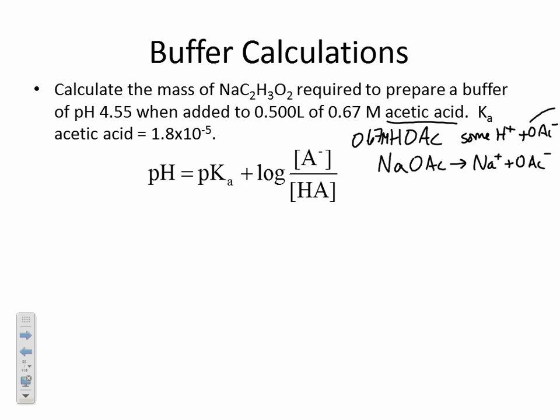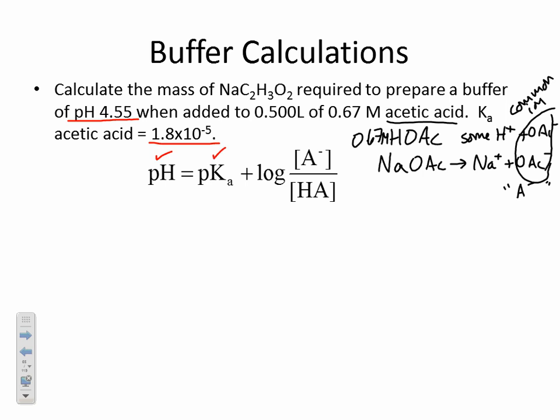The reason I'm pointing this out is that the acetate ion is our common ion. It's our A minus in our Henderson-Hasselbalch equation. Now looking at the Henderson-Hasselbalch equation, the problem gives us lots of numbers. It tells us the pH that we want. It gives us the Ka value of 1.8 times 10 to the minus fifth.